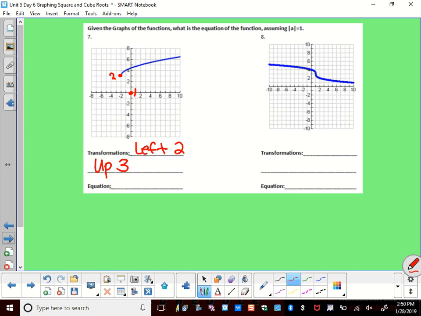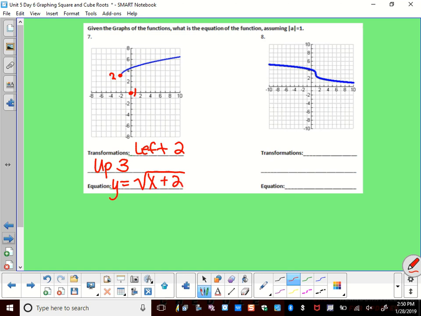My equation here must start with y equals. Because I have an eyebrow-looking graph, will that be square root or cube root? Square root. All right, after my x, I need to describe either left or right. So I'm going left 2. How do I write that in my equation? +2, good.